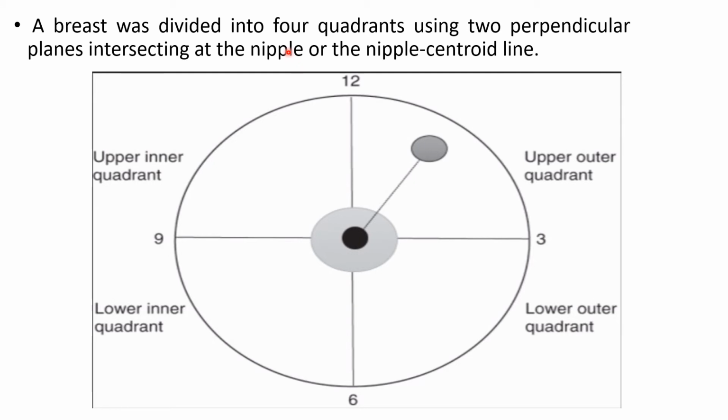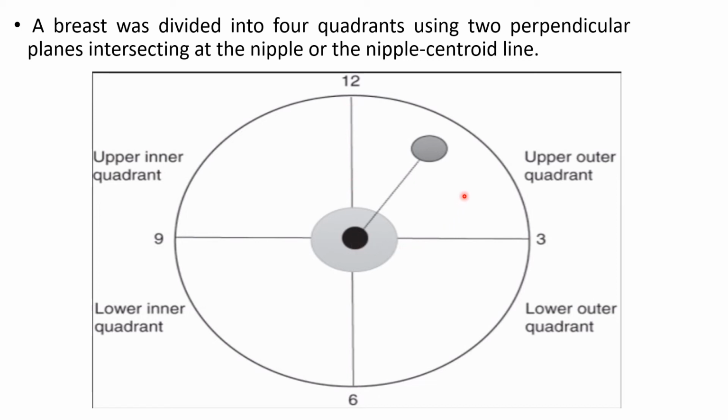Then, a breast is divided into 4 quadrants using 2 perpendicular planes intersecting at the nipple, or the nipple centroid line. You can see here, this is one line, this is another line intersecting at the nipple. The circular body of breast can be divided into 4 quadrants by using 2 perpendicular lines.